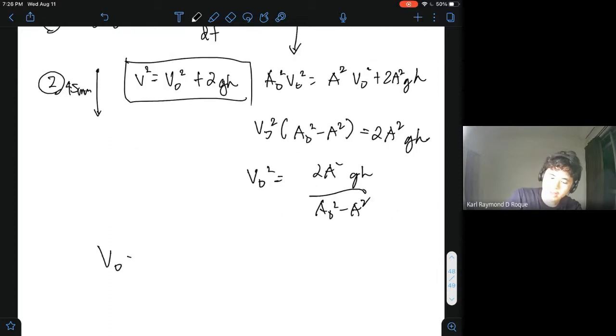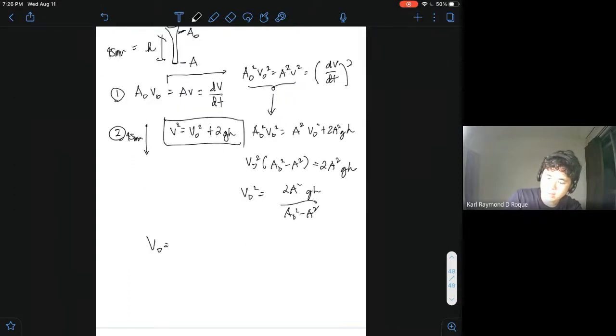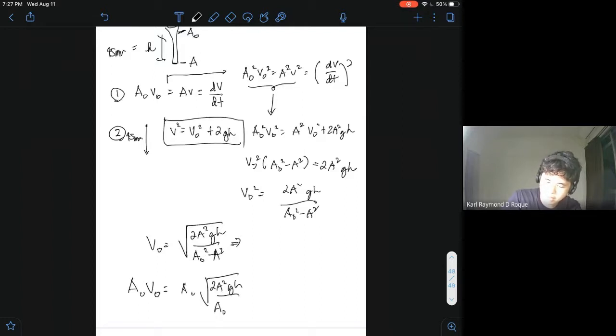V naught equals, yan, square root niyan. Tapos na. A naught V naught equals A naught square root of 2A squared gh over A naught squared minus A squared. Plug in all the values. Ano makakuha natin?